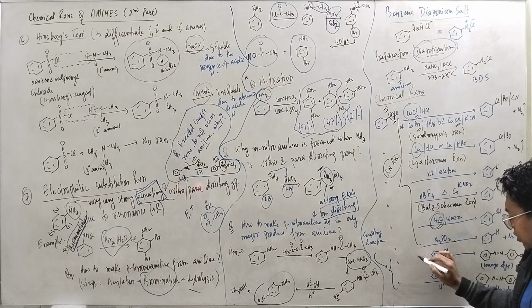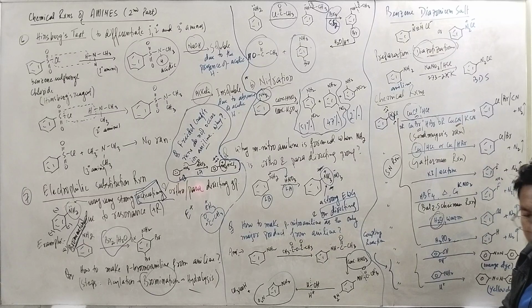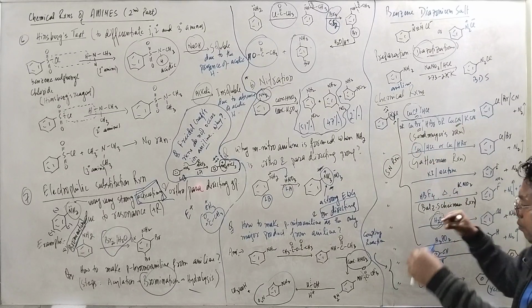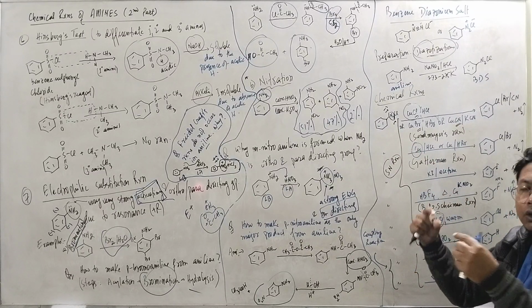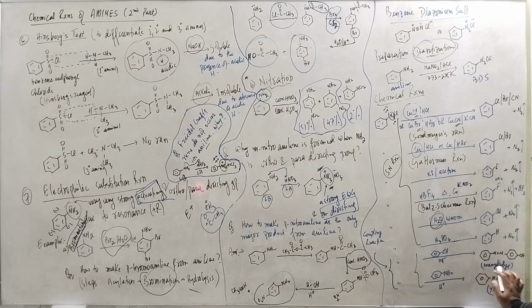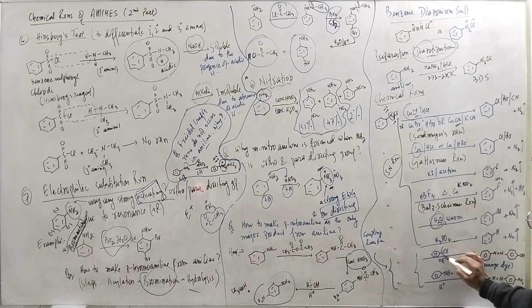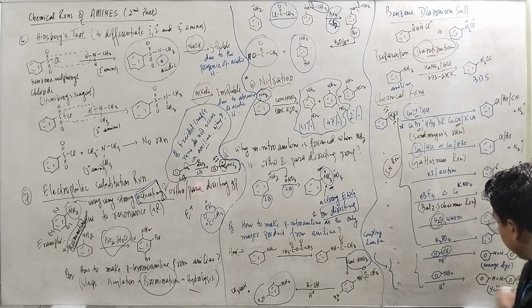Now these two are coupling reactions of benzene diazonium salt. When benzene diazonium salt is reacted with phenol in presence of a base, an orange dye is formed, with an N=N double bond linking the two rings. And when benzene diazonium salt reacts with aniline in presence of an acid, a yellow dye is formed. In the phenol case the OH group is attached, and in the aniline case the NH2 group is attached.